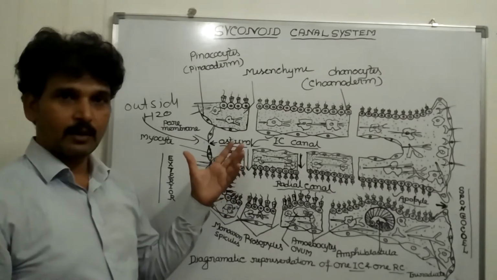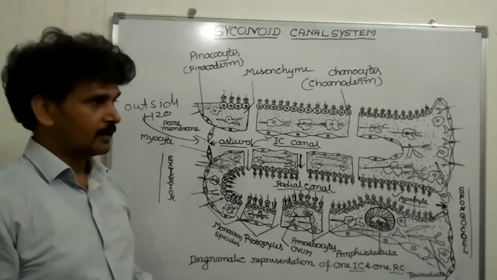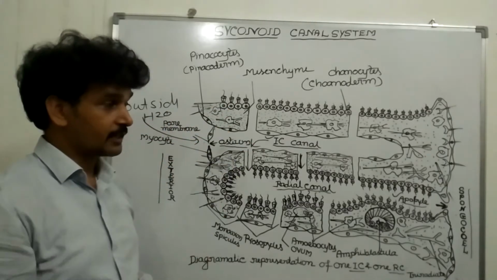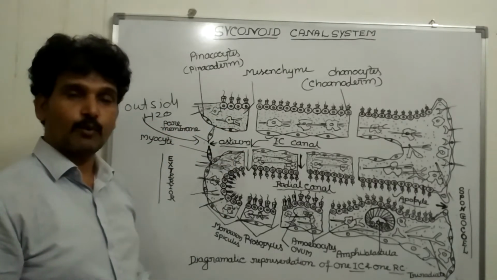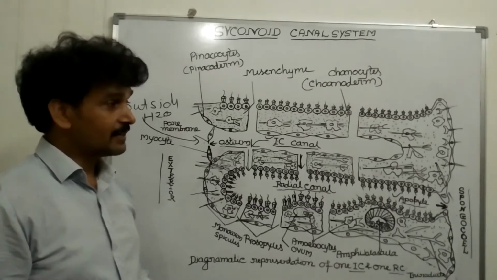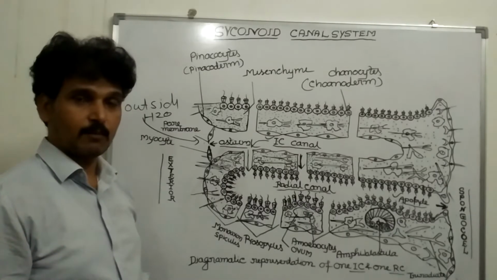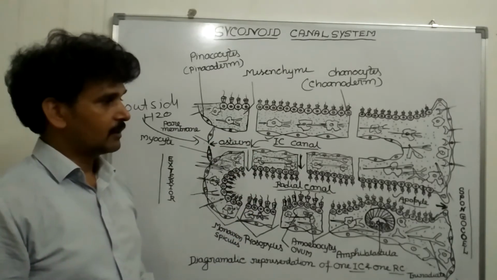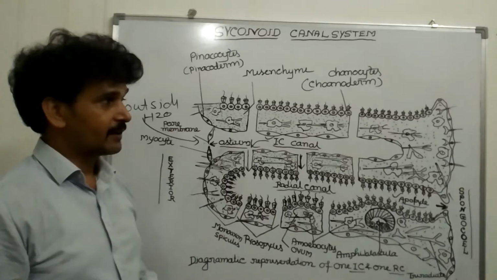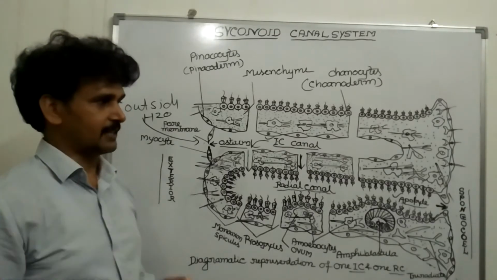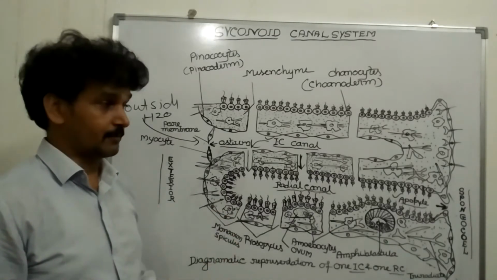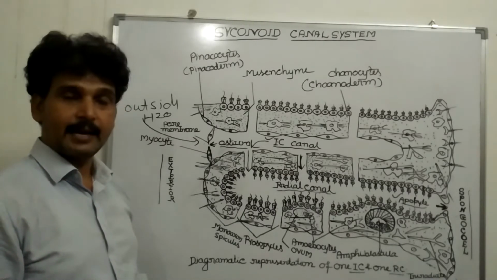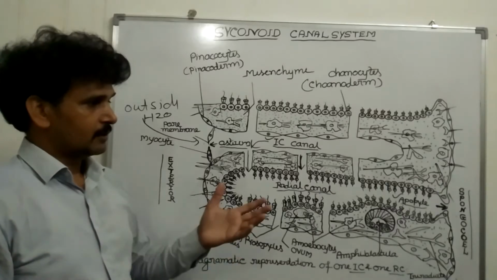In case of order Homocoela, the entire spongocoel is lined by choanocytes, but in Heterocoela, more particularly Sycon, it is lined by only pinacocyte cells. That is the difference between order Homocoela and Heterocoela.